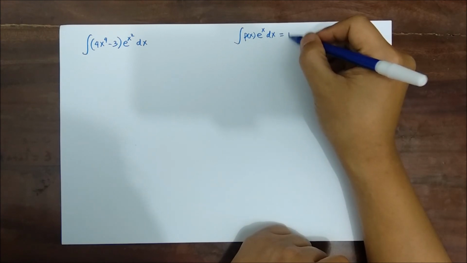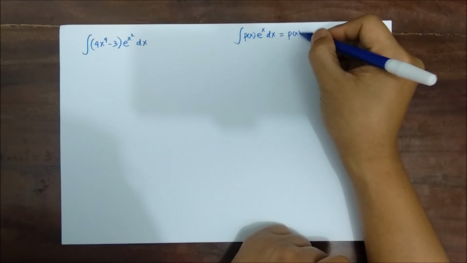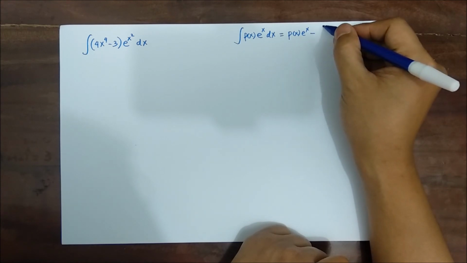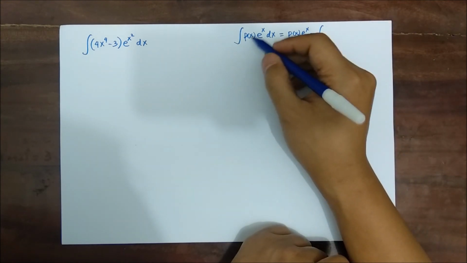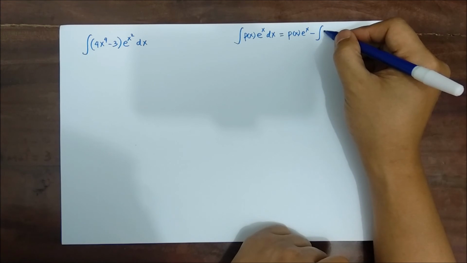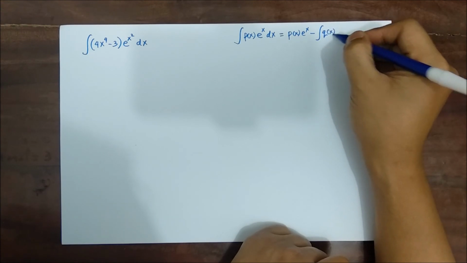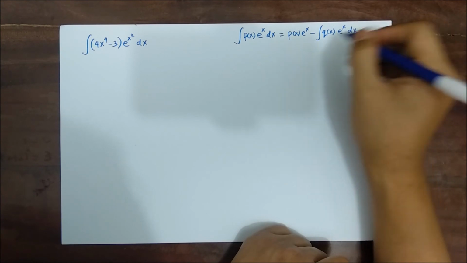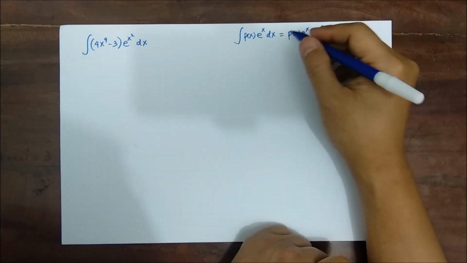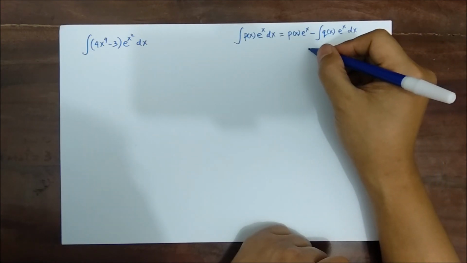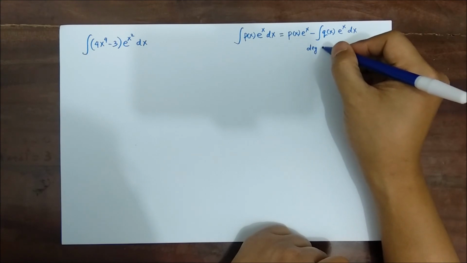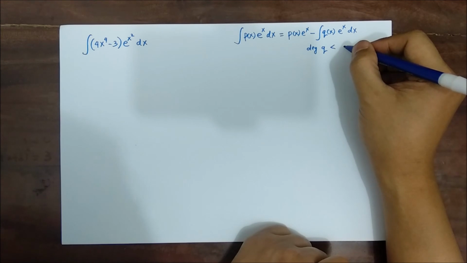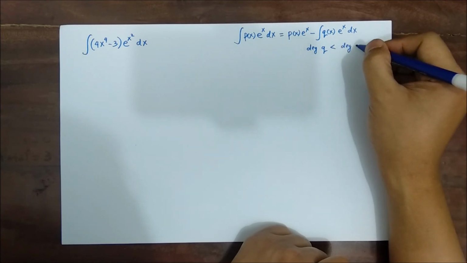Then we have something like this: p(x) e to the power of x minus the integral of the derivative of p, let's just call it another polynomial, q(x) e to the x dx. Since this is the derivative of p(x), we know the degree of q is smaller than the degree of p.